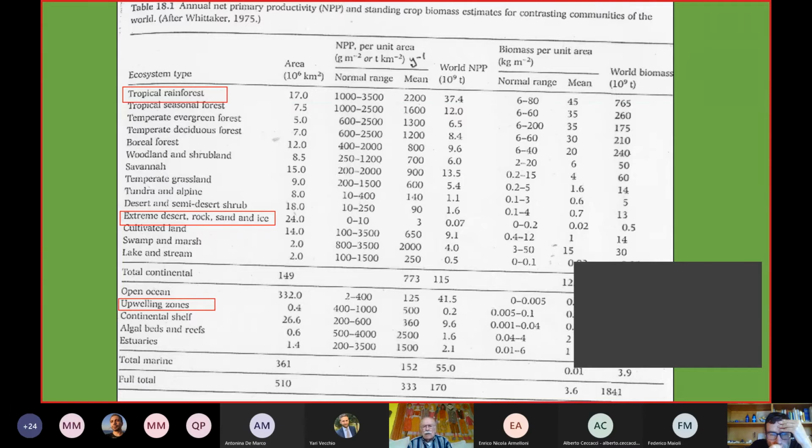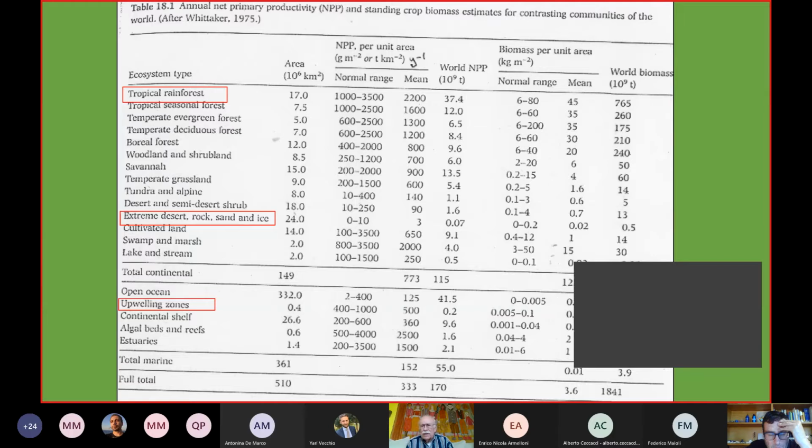Then you multiply that mean by the area, and you can see how much primary productivity that biome contributes. Of course, primary productivity is only the net, because what is respired is lost.